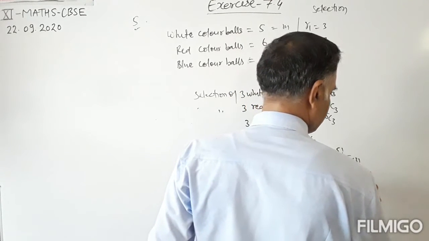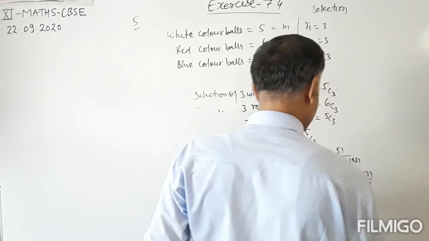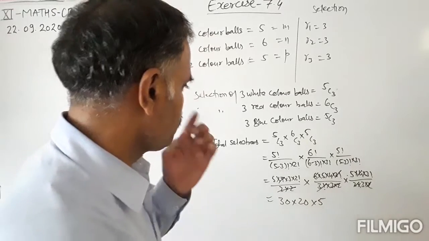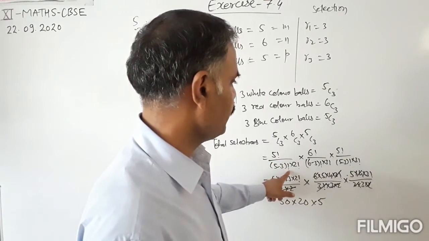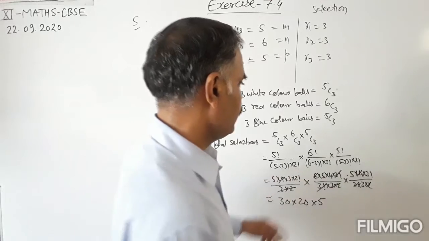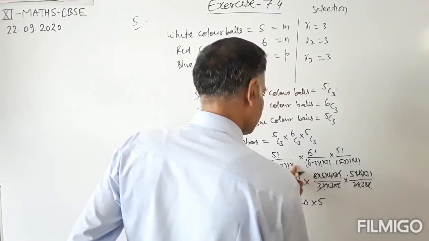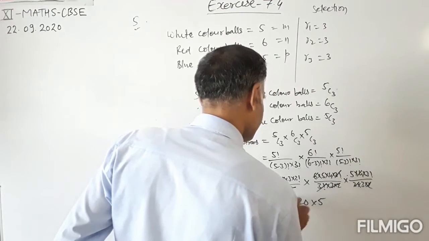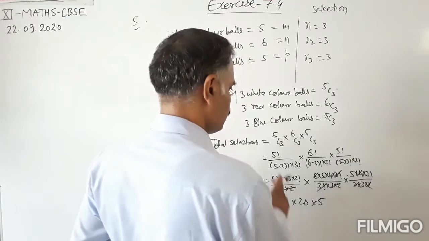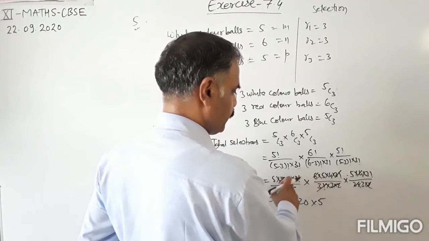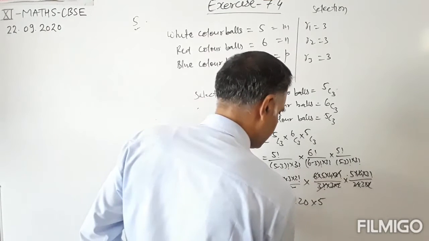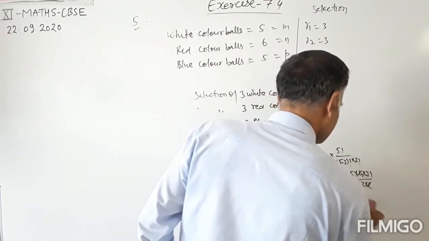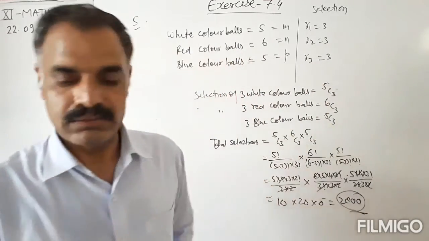And again 10. So 10 into 20 into 10 is 2000. Total selections are 2000. Okay.